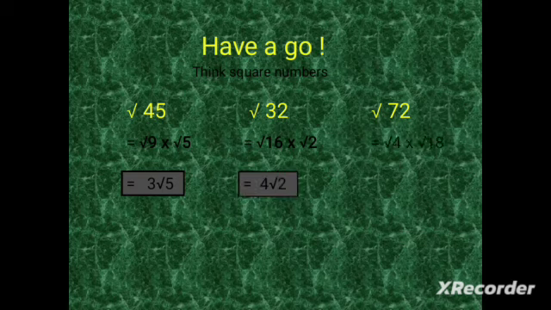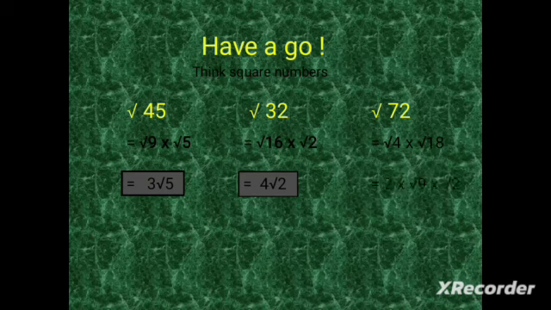Now we have root 72, and we also think of the two factors. There can be two factors or more, and this one gives us square root of 4 times square root of 18. Square root of 4 is 2, and square root of 18 can be further simplified because it is a surd. 18 can be written as two factors, root 9 times root 2.